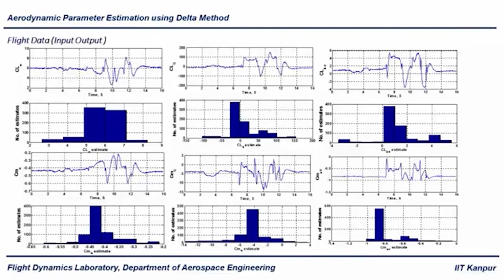For example, if you see the CL alpha plot, the CL alpha estimate is close to 5, between 5 and 6, so let us say 5.5. The occurrence of that value happened more than around 350 times, right?